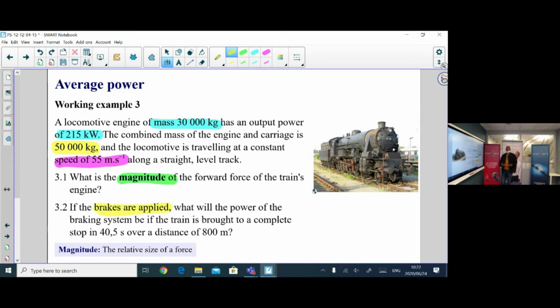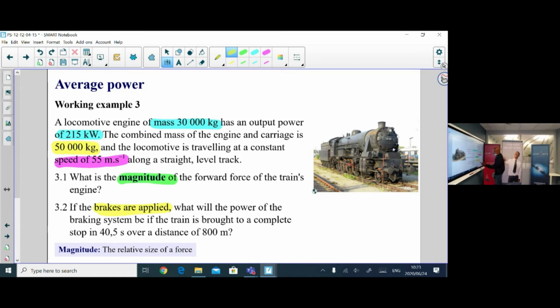They're always opposing the motion. The moment you see brakes, you must know that you are dealing with friction. Expect your work to be negative. That is the negative work that we're expecting here, and then we can just go to power.